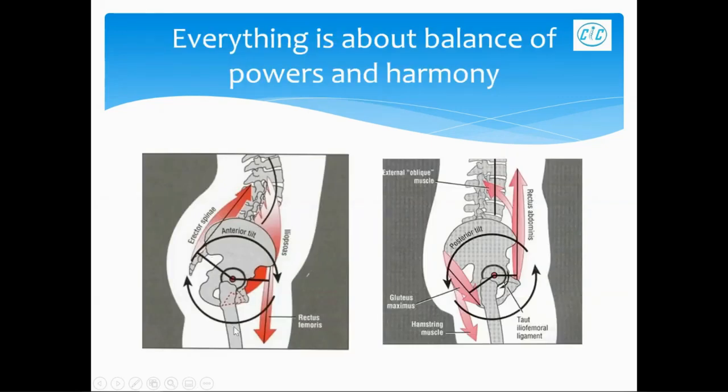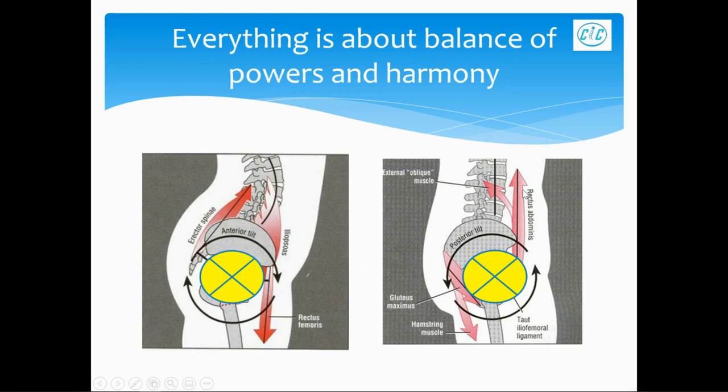And here it shows that we have the rotational movements of the hip and pelvis, and there are a bunch of muscles that act in different directions. Again, the rotational parts, which are opposite to each other, should be balanced. If there's a lack of power and balance, then the lower back as well as the pelvis and the hip become under stress, and then there is going to be some type of pain, inflammation, and tenderness in the area.